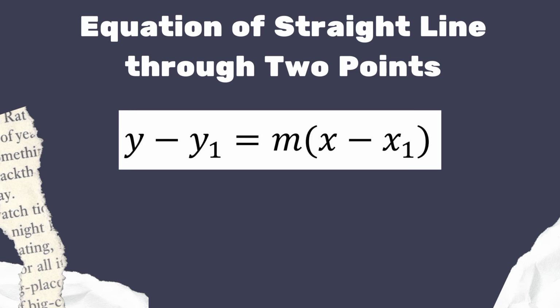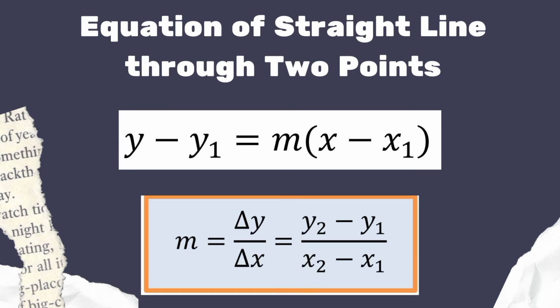You can use y minus y1 equals m times x minus x1, where m equals change in y divided by change in x, equals y2 minus y1 divided by x2 minus x1.